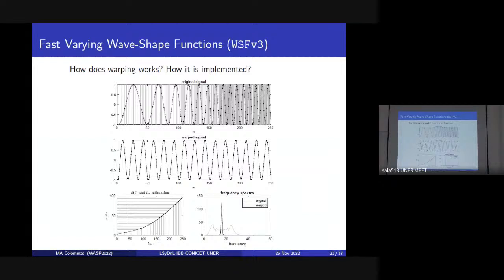By doing that, you are killing the effect of the frequency modulation. And if you previously divided your signal by the amplitude, you kill the amplitude modulation, then you kill the frequency modulation, and now the only source of variation of your signal is the change in the wave-shape function. So you can segment your signal after this, you cluster, and you find those different oscillatory patterns present in the signal.